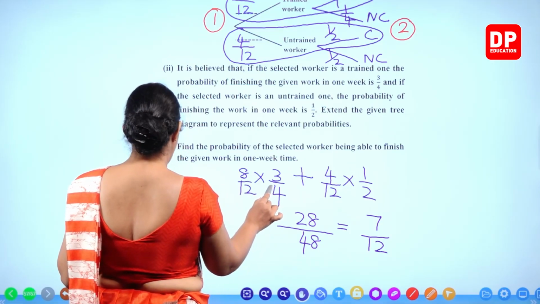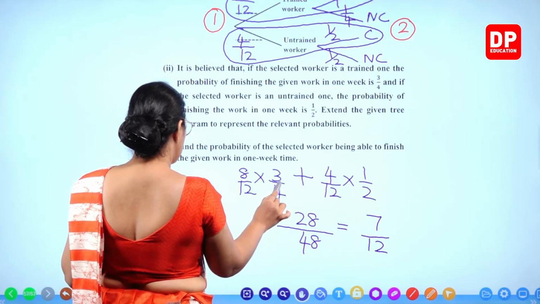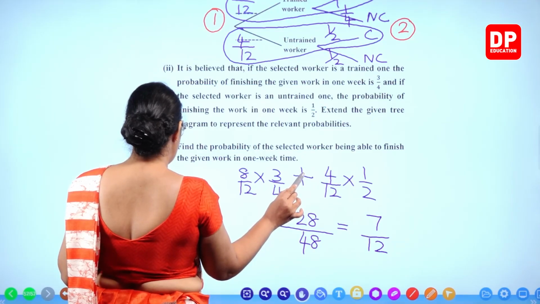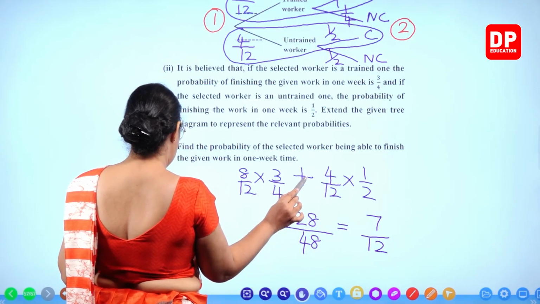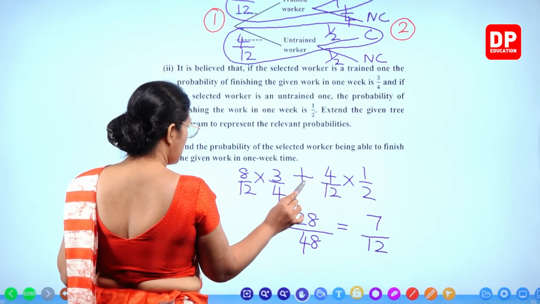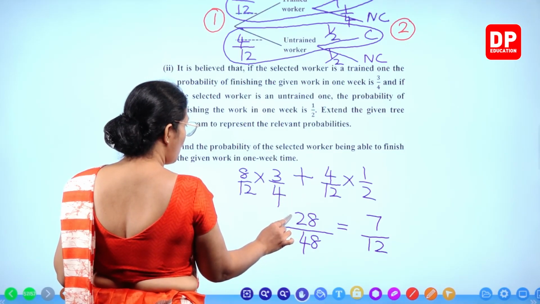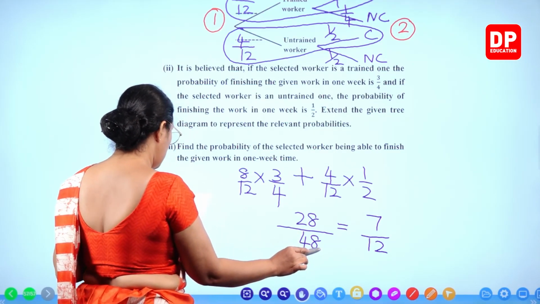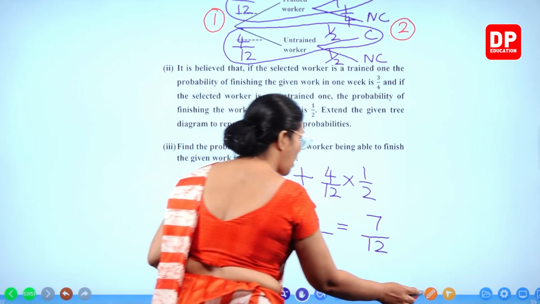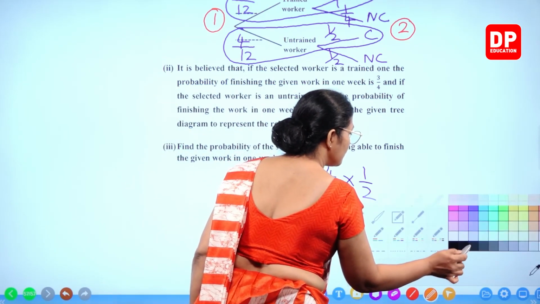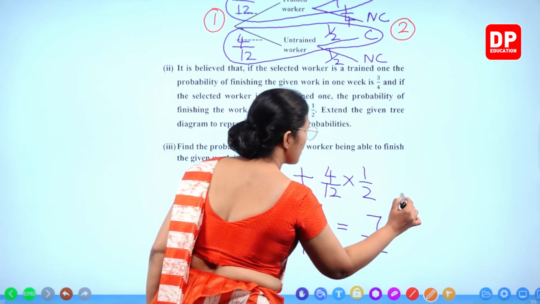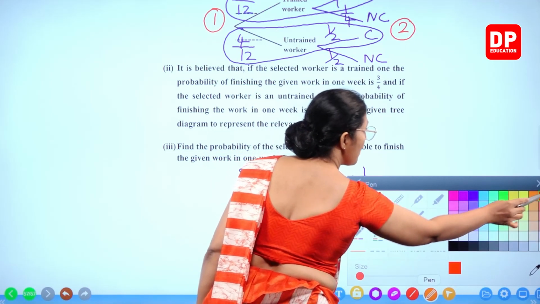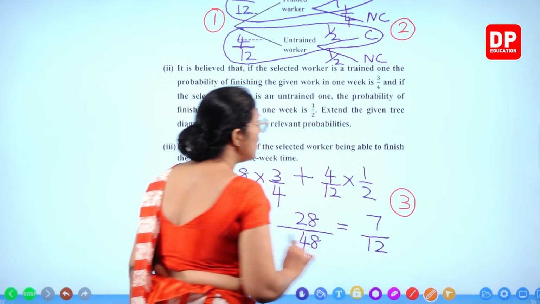So 8 times 3, 24, and 4 times 1, 4, 24 plus 4, 28/48. Divide by 4. 4 times 7, 28. 4 times 12. So that's correct. So 7/12, that's 3 marks. So this is 3 marks given. So altogether, we have given 10 marks for the whole question.